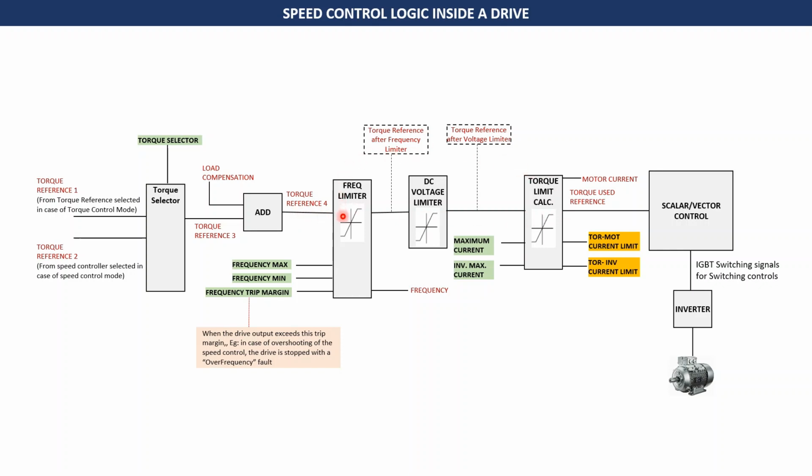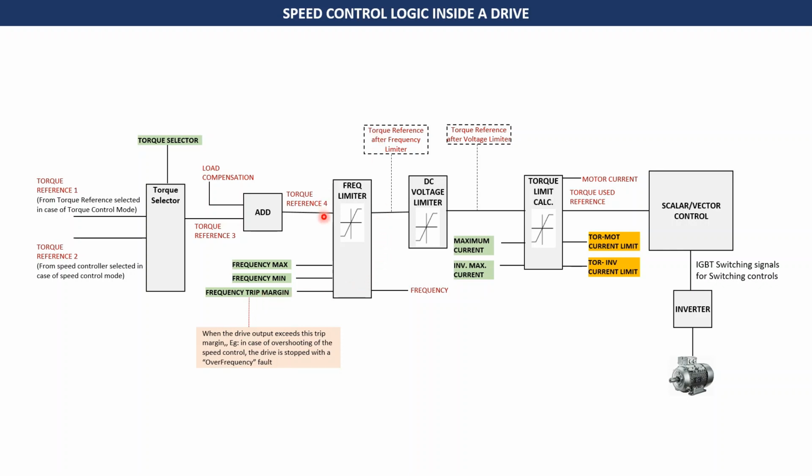Now, all these are safety limits for the drive and are based on the ratings of the drive and the motor. So the first safety block is the frequency limiter, where you can set the frequency maximum and frequency minimum as per the rating of the inverter. And then you can also set a frequency trip margin. When the drive output exceeds this trip margin that you have set, for example in the case of an overshoot in speed control, the drive will be stopped with an over frequency fault.